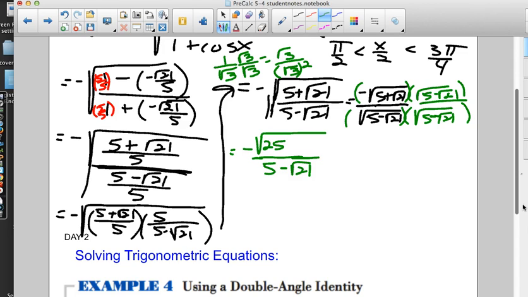Ooh, something good happened. Since we have opposite signs, that has that sum and difference pattern to it, which means outside times outside and inside times inside are going to cancel out. Thank goodness. Square root of 21 times the square root of 21. Wait a minute. That's 21. And 25 minus 21 is 4.